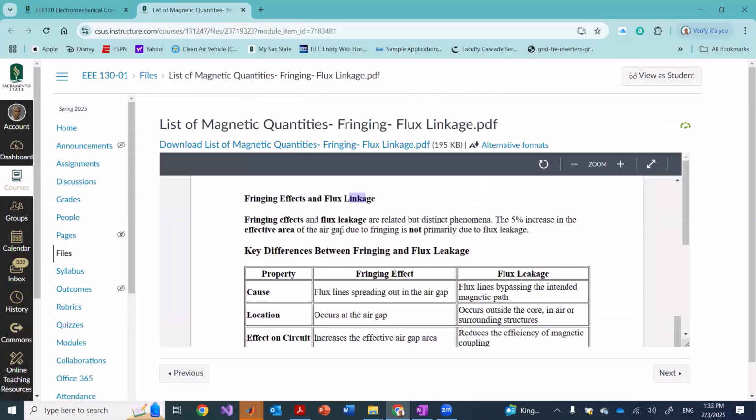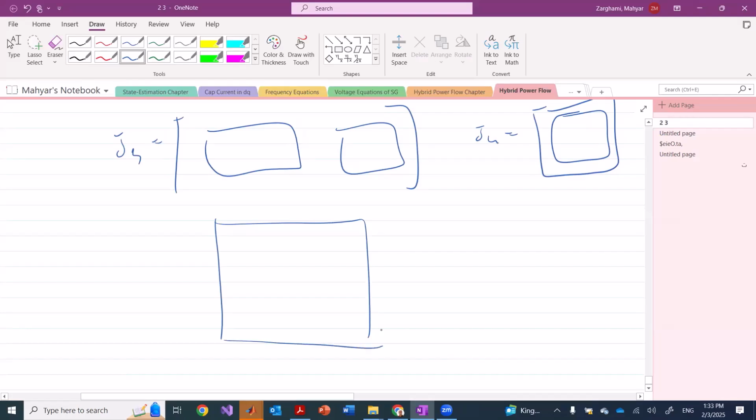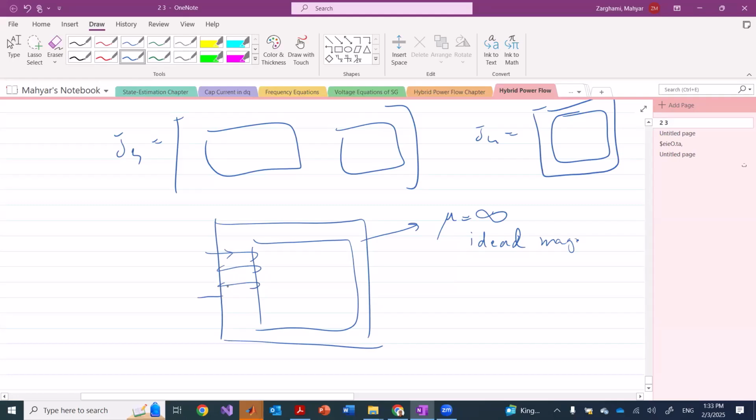Flux leakage means that when you have a magnetic core, if your magnetic core is ideal, meaning that if mu is equal to infinite, this means ideal magnetic core. Then if there is basically a source of magnetic flux, like let's have a source here which provides current, it gives you basically an H, and then H creates a B, and then flux, right?